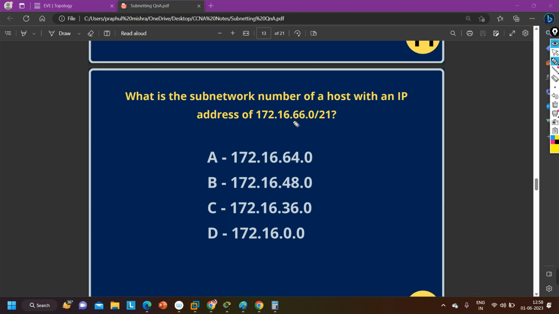Then please find the nearest number divisible by 8, that is 64. So my network is 172.16.64.0. Which option is right? A.